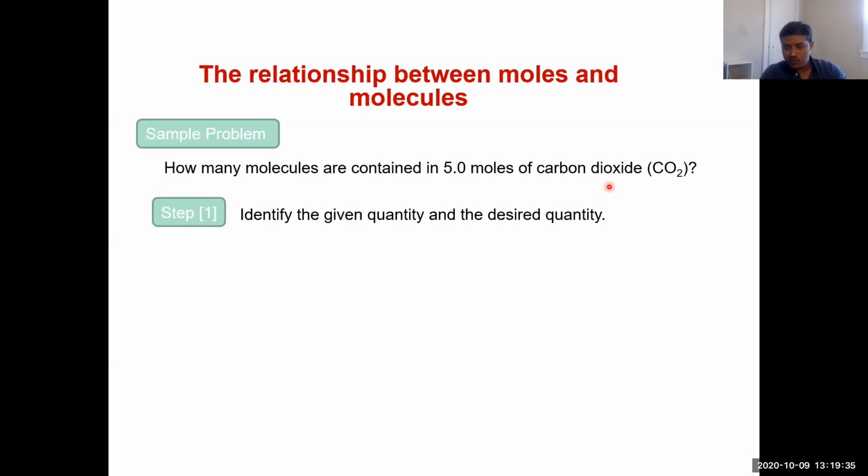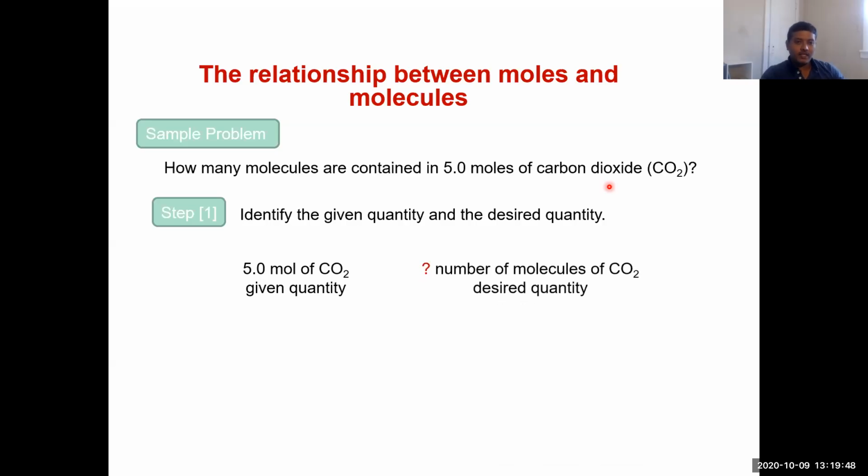So now to do this problem, first, let's identify what is given to you. 5 moles of a sample is given. And the question is asking you to identify how many molecules are there, okay? So now think about the equality between required molecules and given moles.